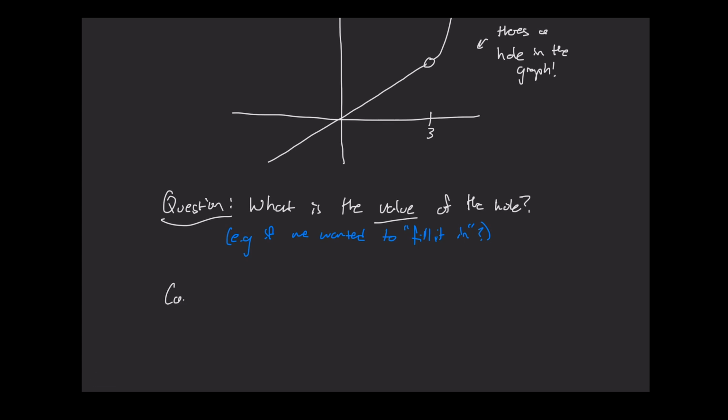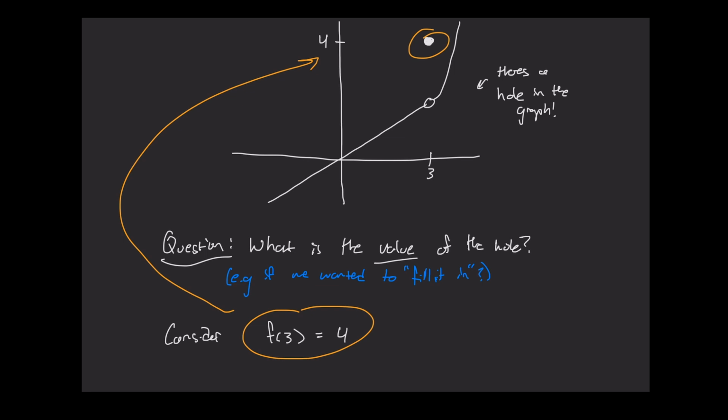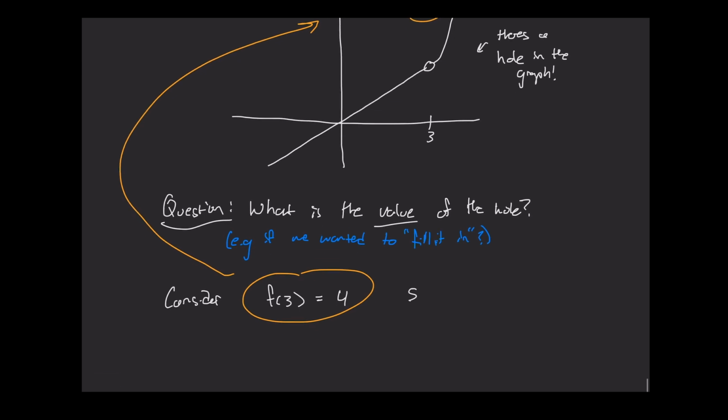After thinking about this, you can maybe see how evaluating the function at x equals 3 doesn't help, because if we look at our graph, f of 3 is all the way up at 4. It's not even connected to the rest of the graph somehow. So that definitely isn't the same value as the hole. So evaluating f of 3 doesn't actually tell us anything.